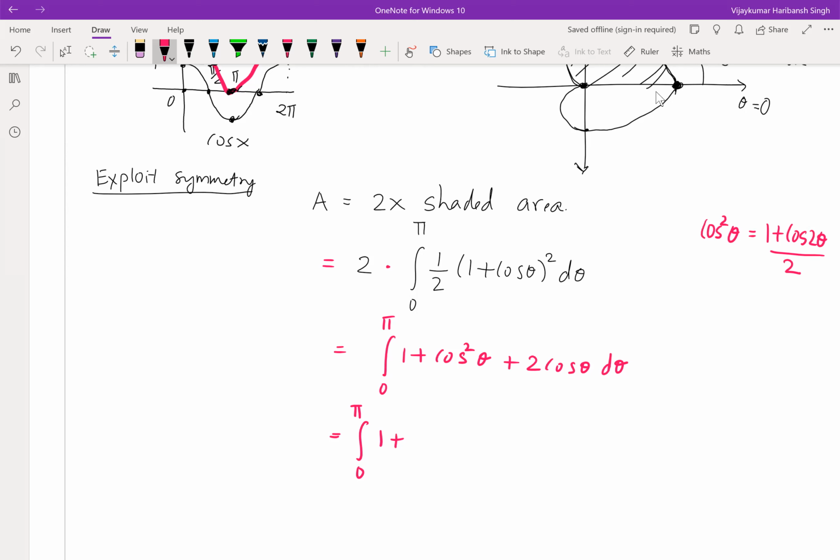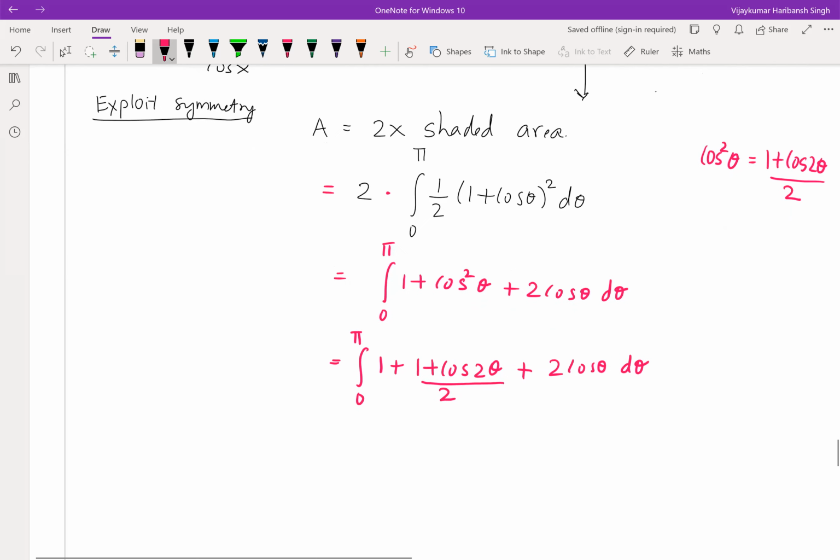So we get 1 plus cos 2 theta divided by 2 plus 2 cos theta d theta. Now we can simplify it a bit. So we can write 0 to pi, 1 plus 1 by 2 is 3 by 2, plus cos 2 theta divided by 2 plus 2 cos theta d theta.